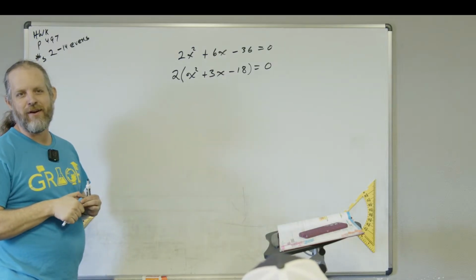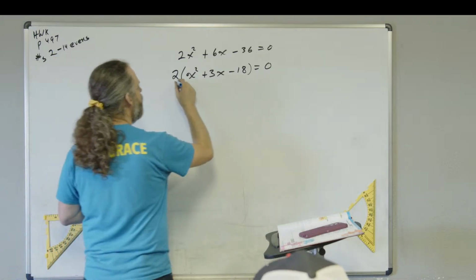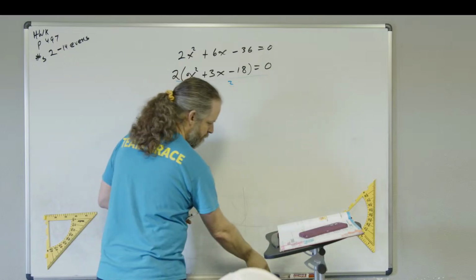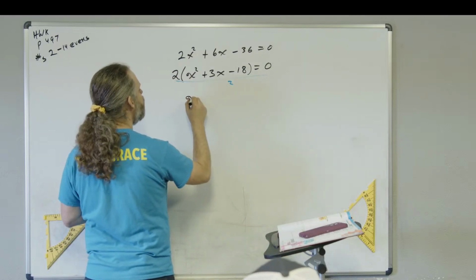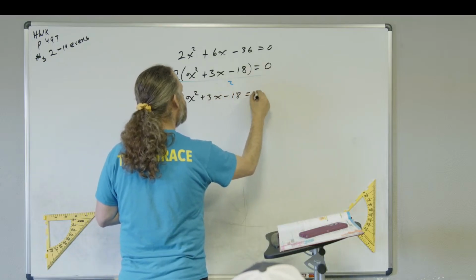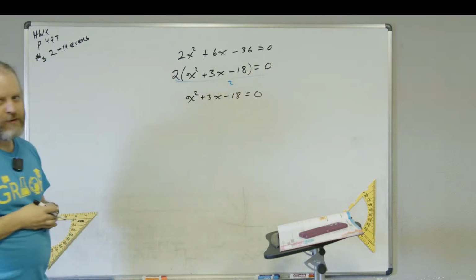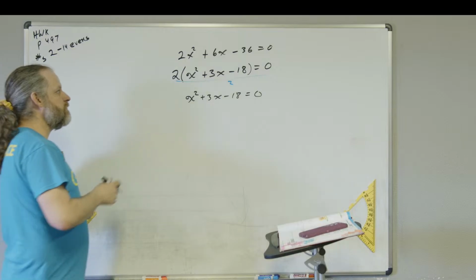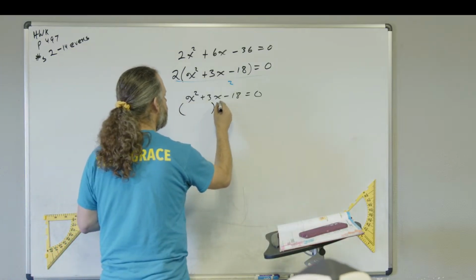So how could we get rid of it? We could divide both sides by 2. What is 0 divided by 2? Still 0. So that was nice. Now, what should we do? Now we should do parentheses.